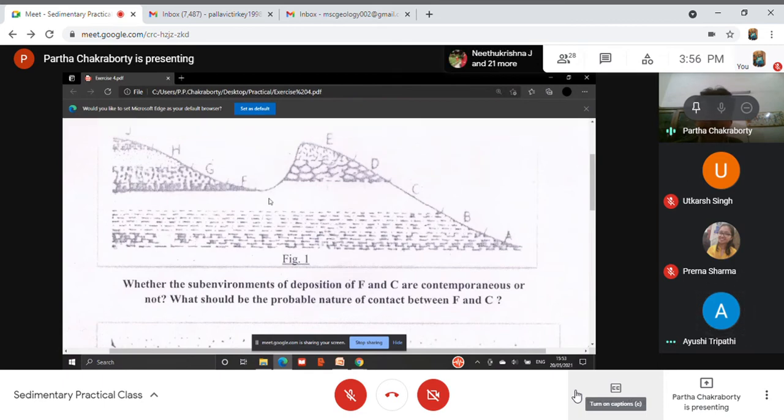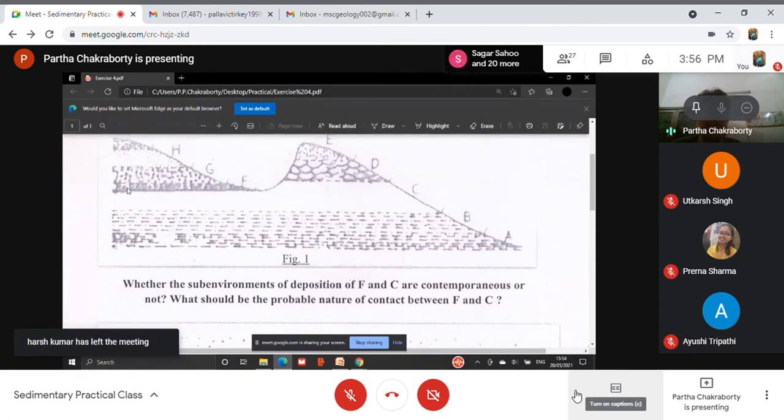Above C, whatever be the deposit, suppose it was the floodplain of an earlier channel, now a new channel system is coming onto the floodplain and it is doing lateral migration. So F will represent the channel base, because the channel is migrating laterally, and this line is representing the channel base.